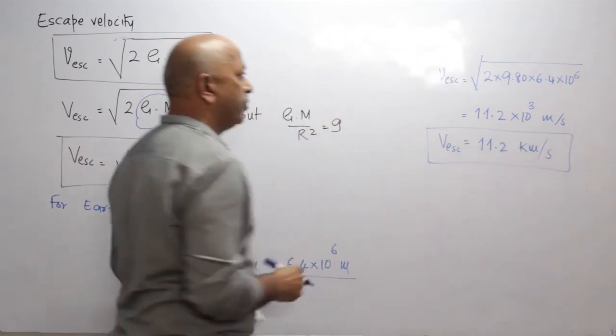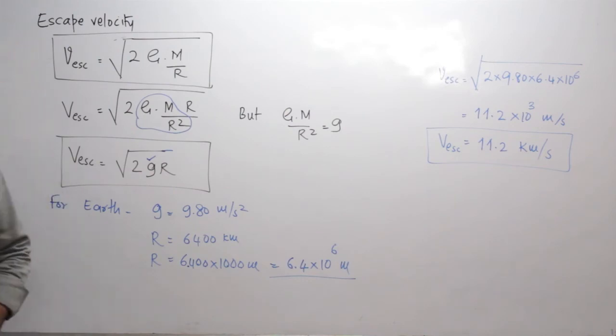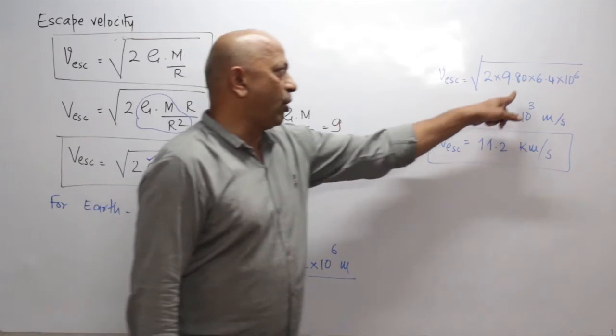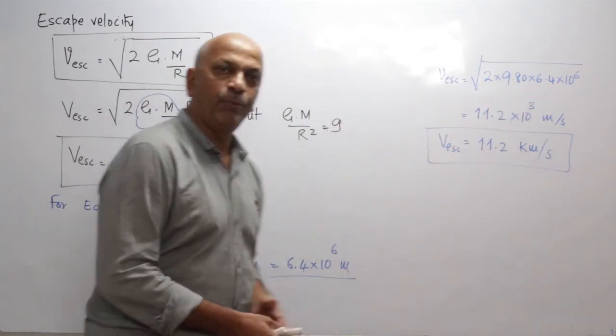So the escape velocity of any object on Earth's surface, because 9.8 is g for Earth and the radius is for Earth, is 11.2.